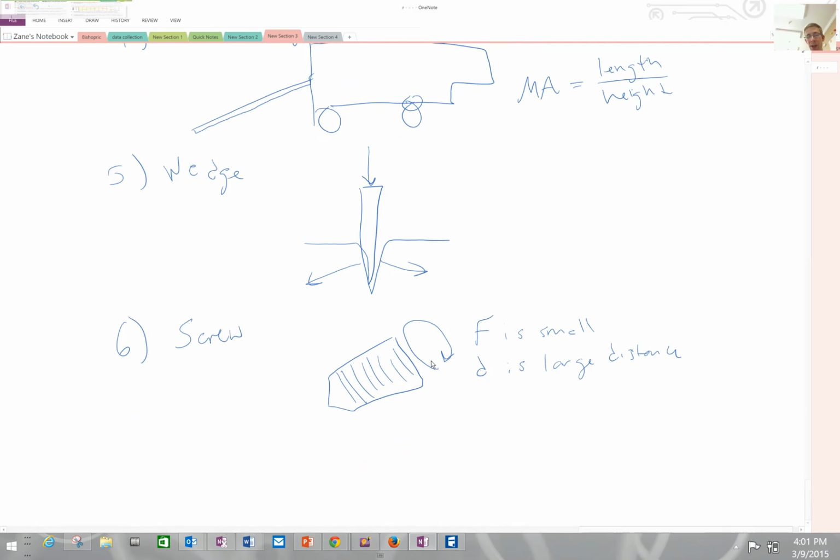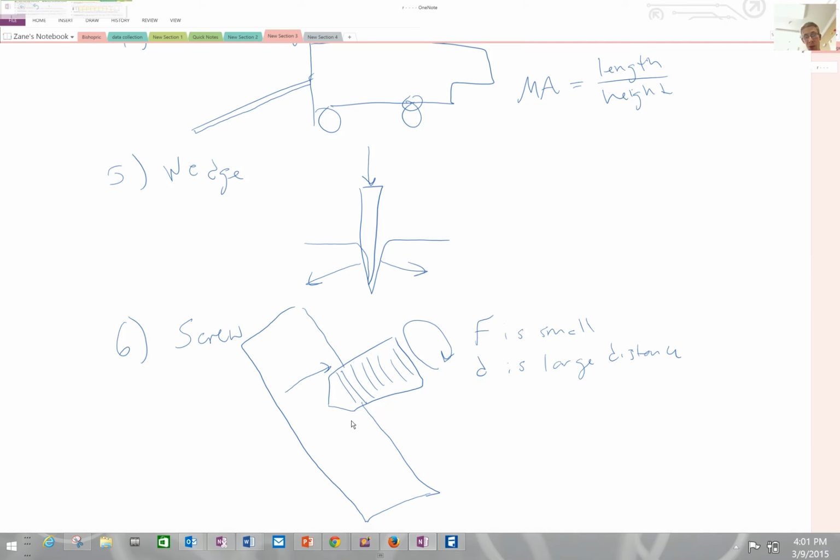Now, whenever you're screwing things together, you do that to secure something in place. So if you imagine a shelf right here, or a piece of wood that I'm screwing this into, as you apply this small force over a large distance on the screw, your object is going to experience a force that's going to go towards the screw. Okay, righty-tighty, lefty-loosey.